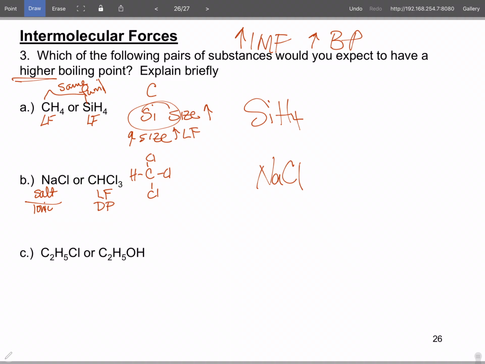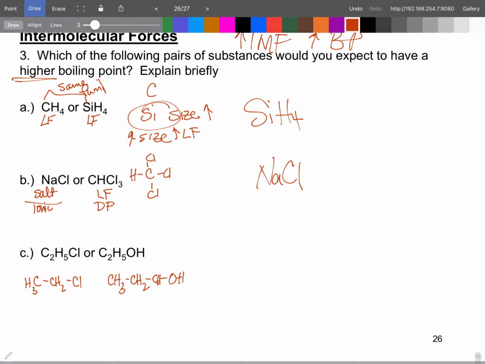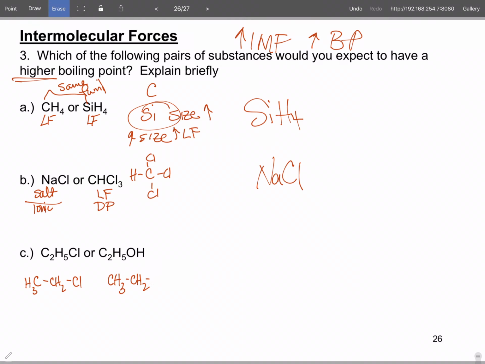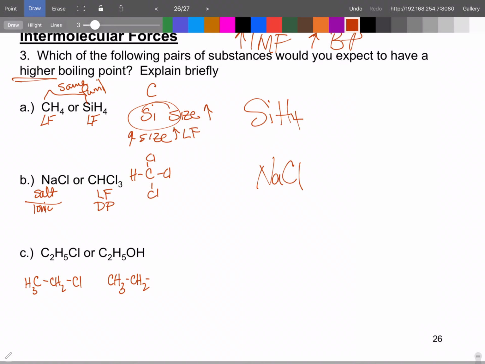Okay? So for this molecule here, we have CH3, CH2, chlorine, or CH3, CH2, OH. Okay? Yeah, I put an extra carbon in that. Let me erase that. Okay. All right.